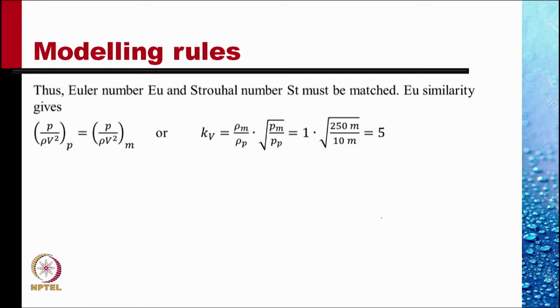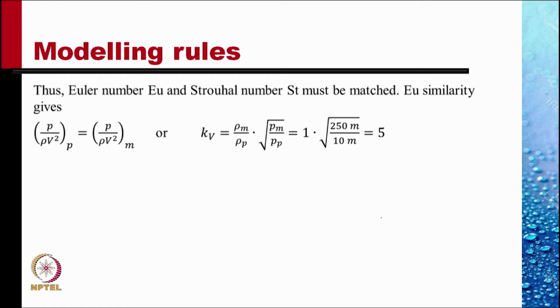The Euler number similarity gives P divided by rho V square for the prototype should be same as that for the model. And from this, we obtain KV is equal to rho m by rho p into under root Pm by Pp. Rho m by rho p is 1, since we are using the same fluid, so the density is the same.